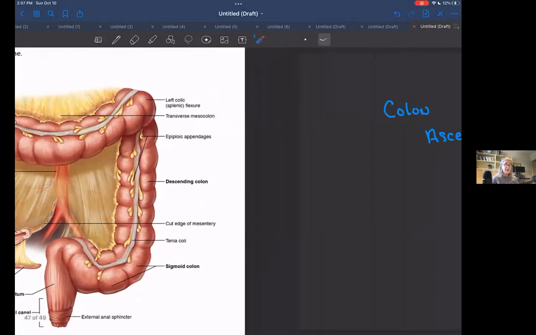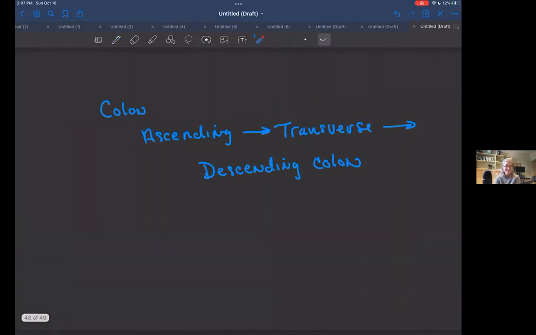So we can talk about the other functions, right? So we have, besides housing symbiotic bacteria, we can talk about the other functions, which would be water reabsorption.